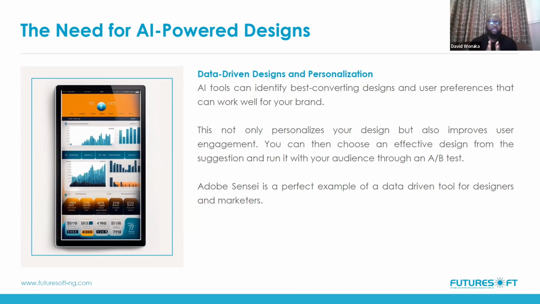If you're picking images along a particular line, it gives you suggestions of more images that suit what you're creating for. It also helps where, if you've created a design manually, it optimizes that design and recreates it in the different sizes required for different social media platforms.